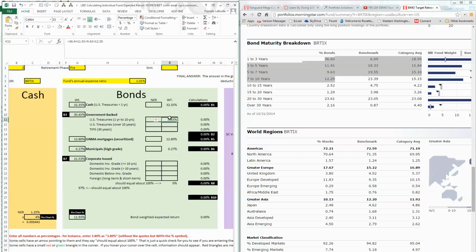Now, the problem is these are all percentages. So what I want to do is add them together and then divide by 100 just to reflect them as a percentage. Or I could have typed in 0.366 plus 0.1191 plus 0.0963 plus 0.1229.